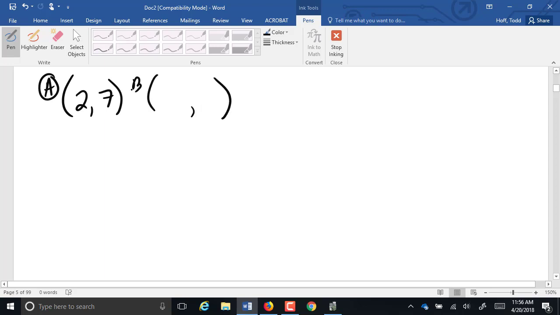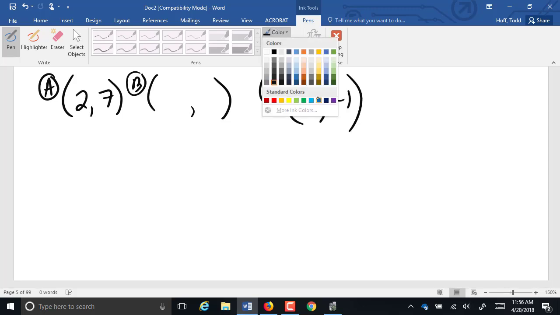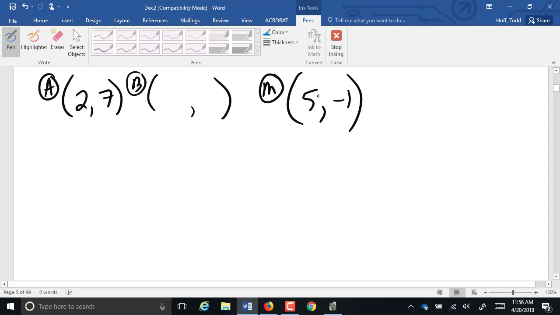But instead of being given the other endpoint, we're given that the midpoint is at 5, -1. How do we find that other endpoint? Well, here's what I'm going to do. I'm going to just call that other endpoint xy for now as its coordinates.